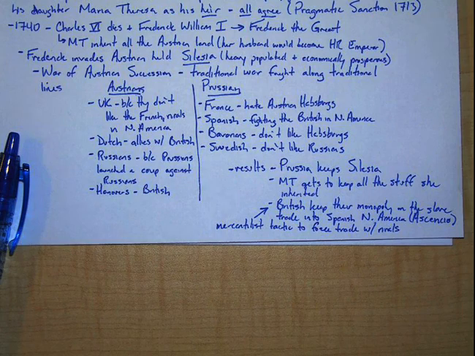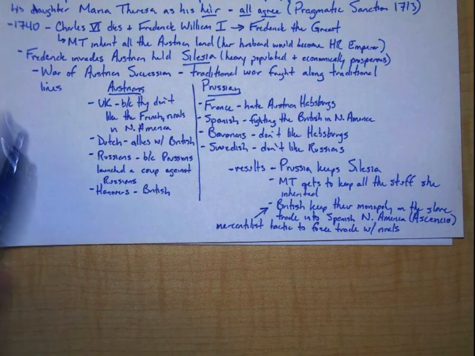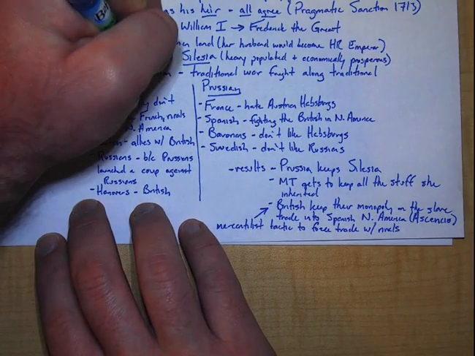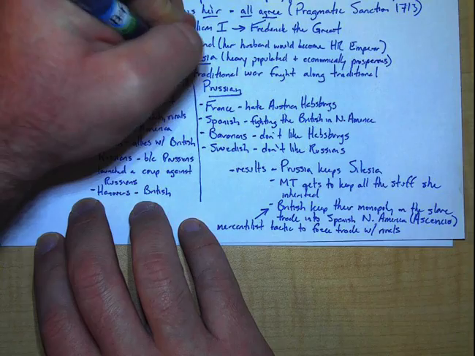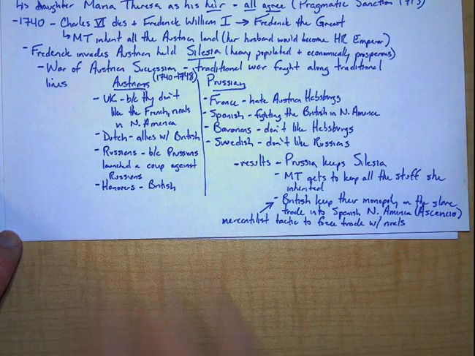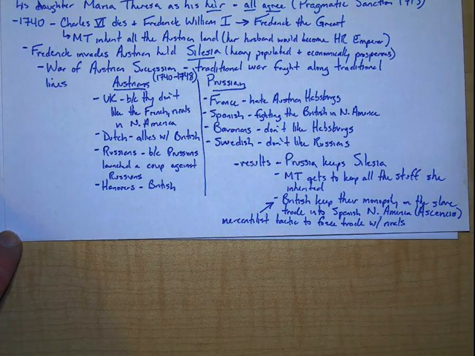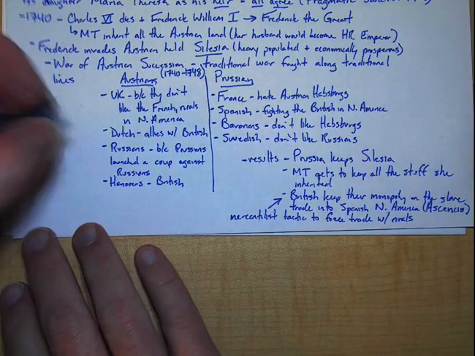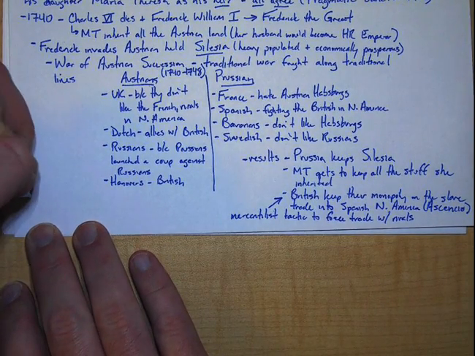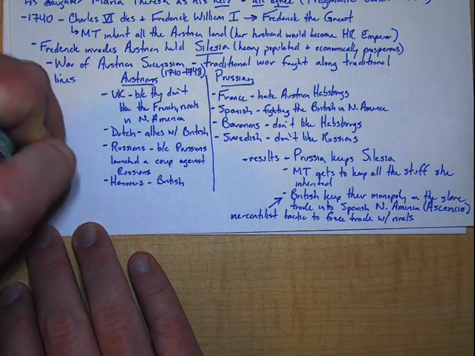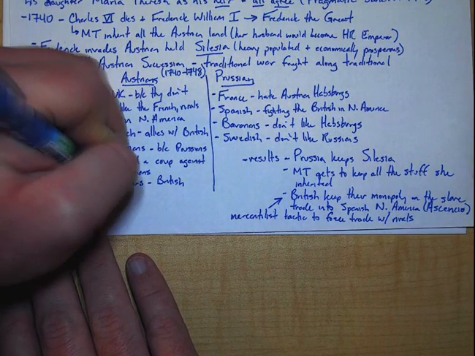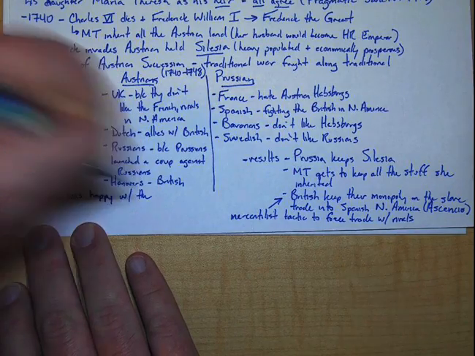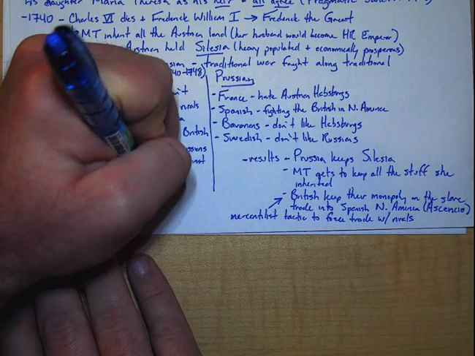The other big result of the War of Austrian Succession is this. The war goes from 1740 to 1748. The other big result, and this is where we'll start the next video, is that no one was happy with their allies.